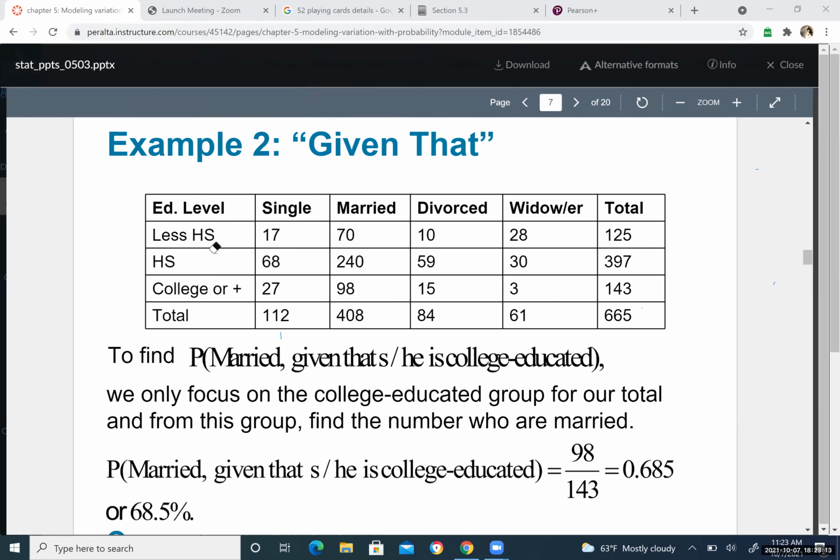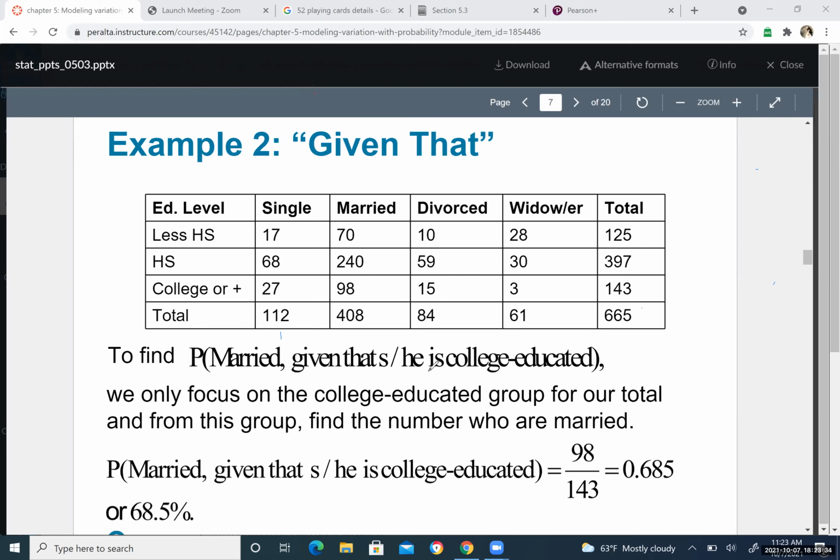That I explained earlier. So now let's find the probability of a student who's married, given that he or she is college educated.